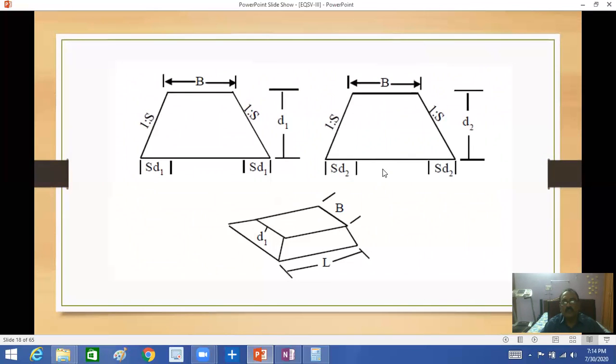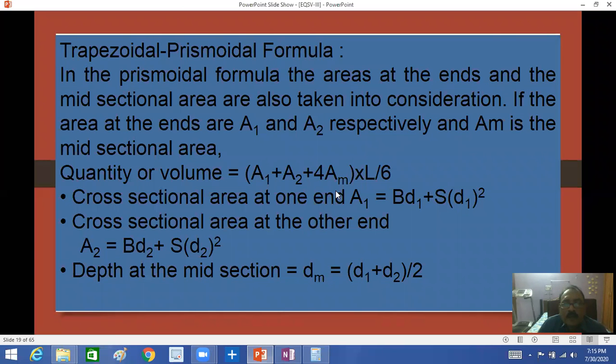You have to substitute these values in BD plus SD square, where D equals D1 plus D2 by 2. We have derived that Dm equals D1 plus D2 by 2. So in that way, we have to calculate mean sectional area method and mid sectional area method. These are very important. If you observe, this is a trapezoid, this is road or canal. Canal is reverse. Okay.